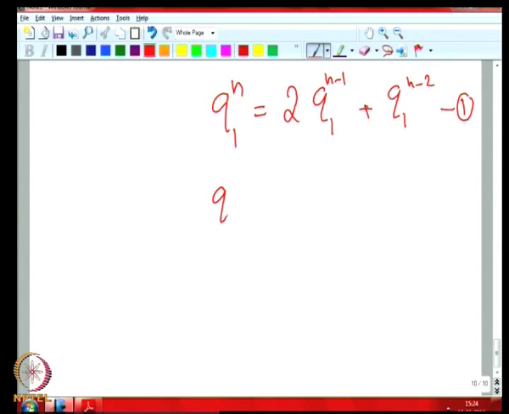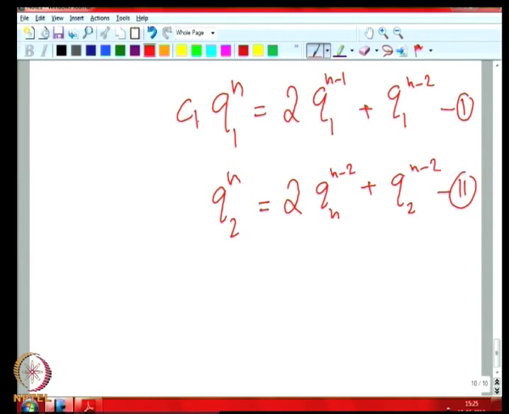Similarly, we know that Q2 raised to n, because Q2 is also a value obtained by solving the characteristic equation, is 2 times Q2 raised to n minus 1 plus Q2 raised to n minus 2. Now, you can simply multiply equation 1 by C1, and the other by C2.